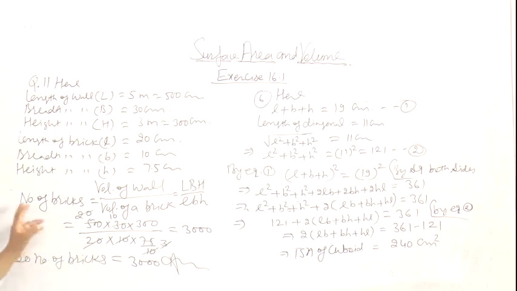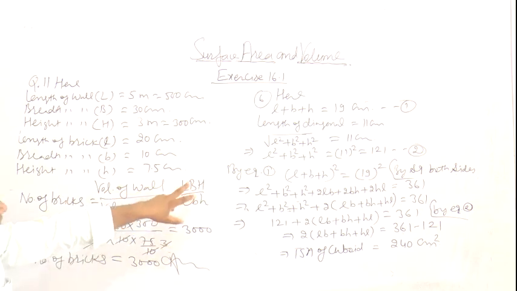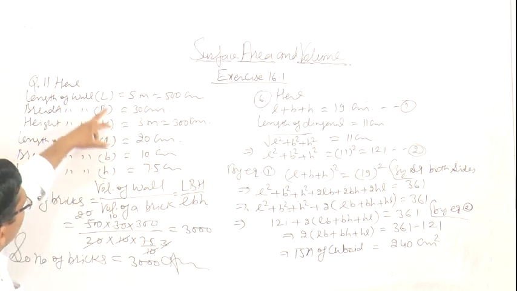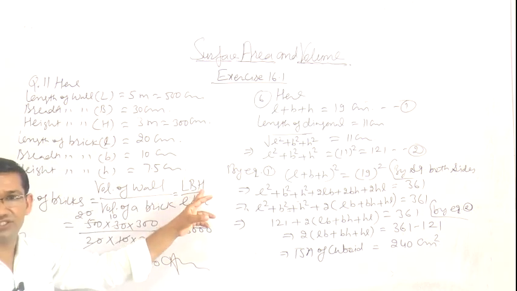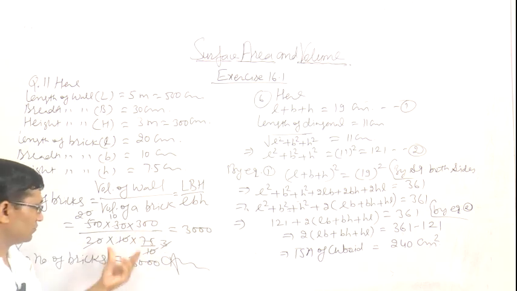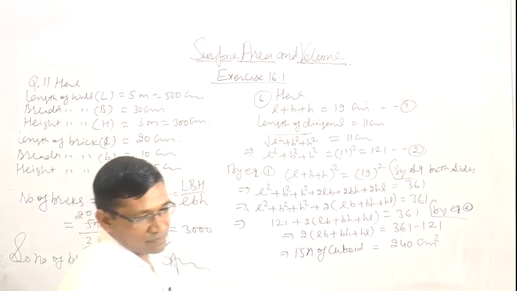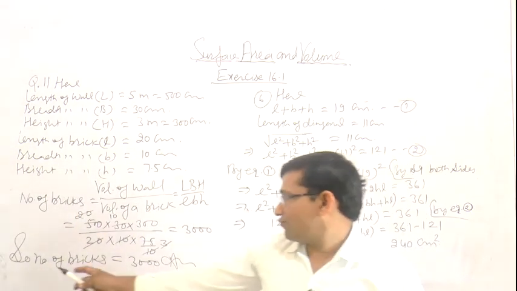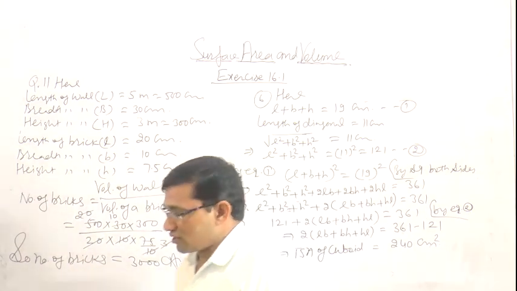We want to find out number of bricks, so volume of wall divided by volume of a brick, that is volume of a wall, it means LBH, and similarly volume of a brick is also lbh. So we put the values, and by simplification we get number of bricks 3000.